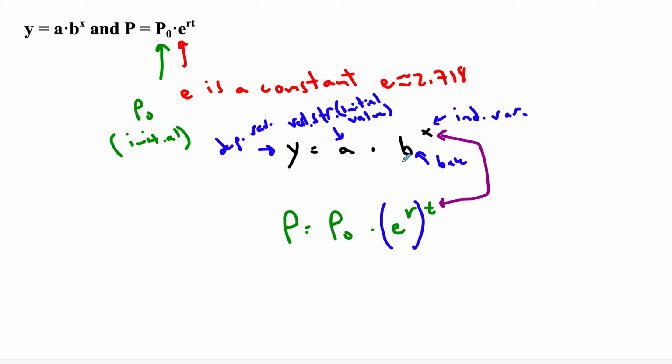The base, the b, is equal to all of e to the r. That is, it's still what you're multiplying by. The a, right? This works both ways, is your P naught, your initial, and y is the same as your P. So that's your dependent variable, okay? So this is how these pieces match up. Remember this. This is very important. It makes your life a lot easier moving forward.